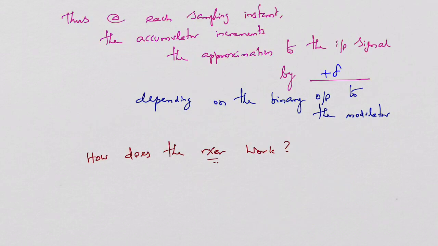Super. At each sampling interval, the accumulator increments the approximation to the input signal by plus or minus delta, depending on the binary output of the modulator.